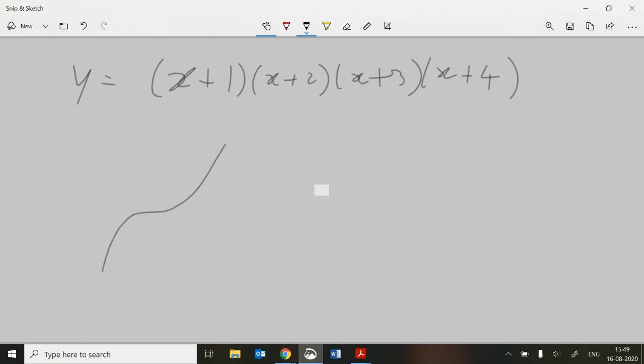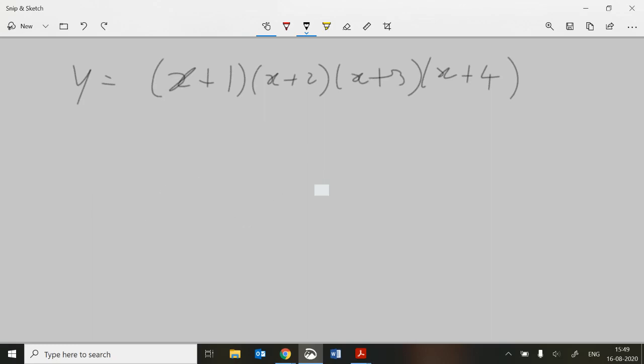So there are graphs which will just look like an inflection like this, and don't have those extra two extrema. But by and large, a lot of cubics have two turning points. And for quartics, you can have a maximum of 3 turning points, so either like this, an M, or like a W.